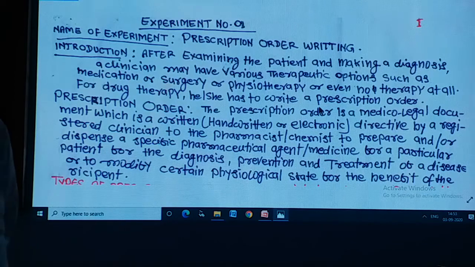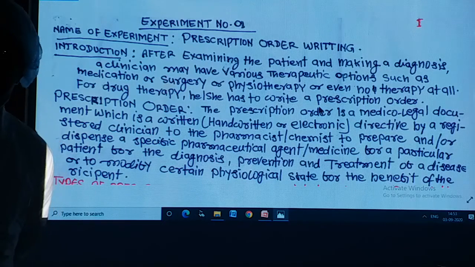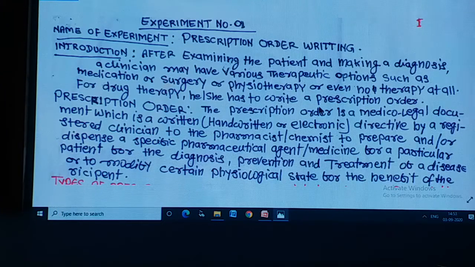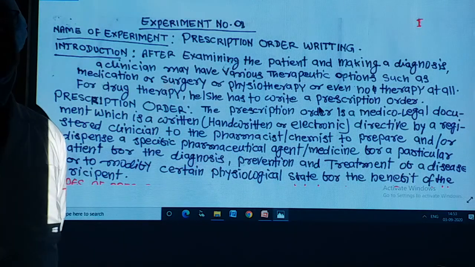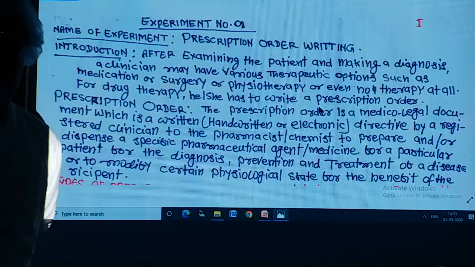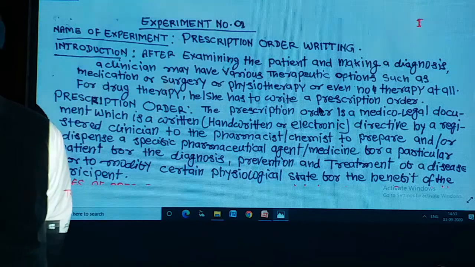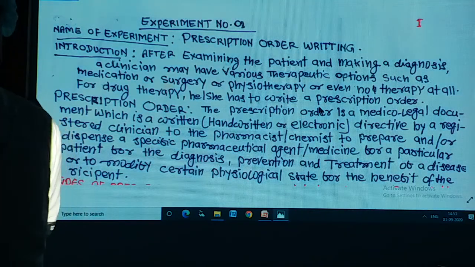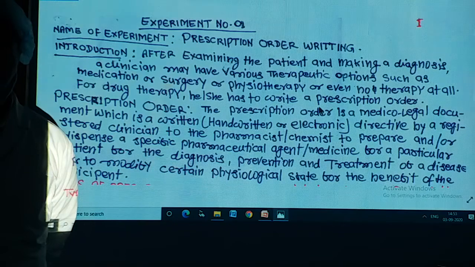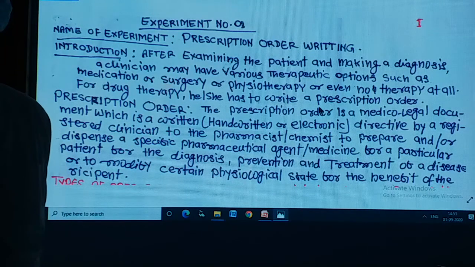But prescription order writing is a limited term, and prescription writing includes, from the very beginning, the complaints of the patients, systemic past history, present history, occupational history, history of the present illness, family history, systemic examination, and after that provisional clinical diagnosis.